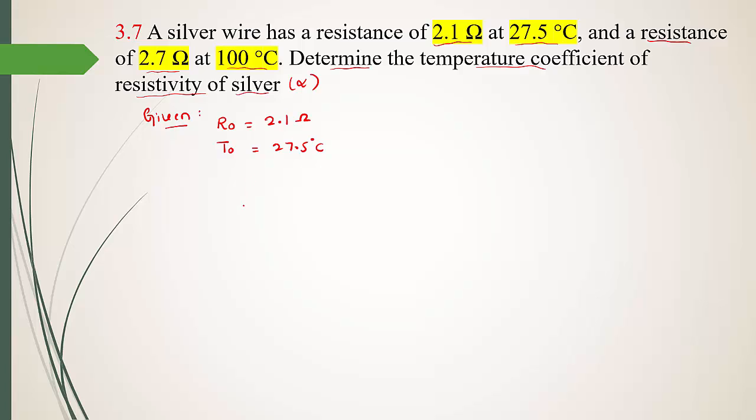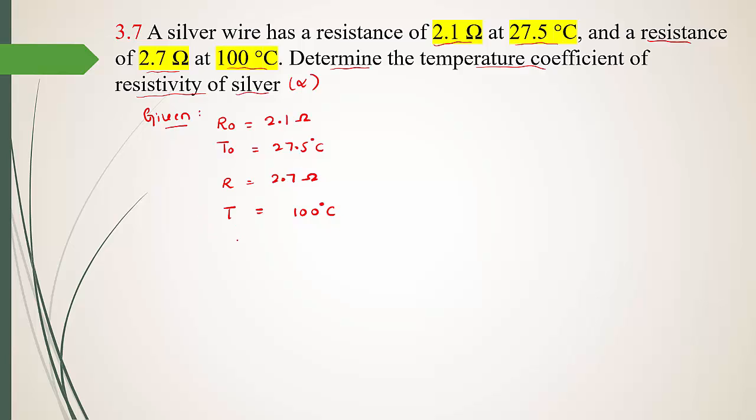As the temperature changes to 100 degrees Celsius, its resistance value changes from 2.1 to 2.7 ohm. So these are the final values. Let us take R equal to 2.7 ohm when the temperature changes to 100 degrees Celsius. Is it clear? So these are the givens.